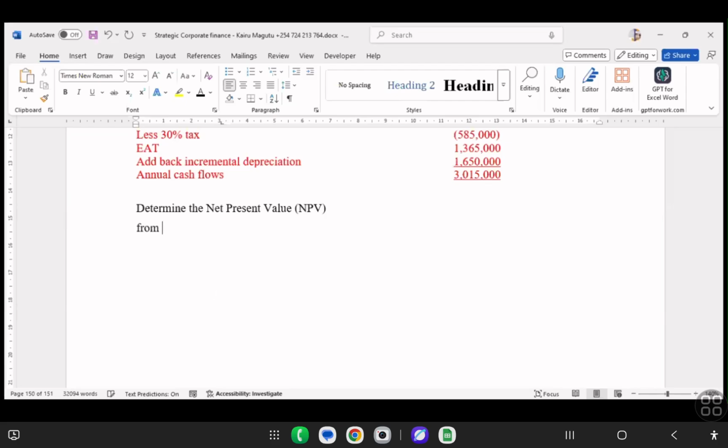So we say that from the above illustration, determine the NPV and advise the firm whether the replacement is viable.